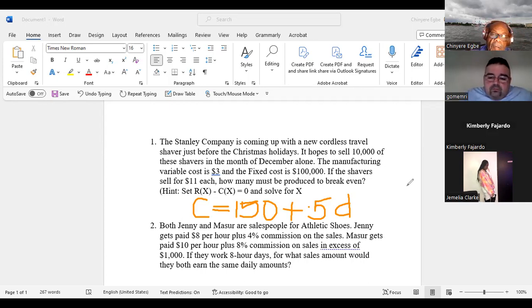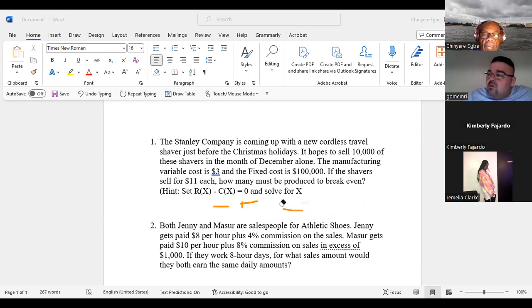So in this problem that we have here, your fixed cost is 100,000. Your variable cost is $3. So let's go here and set up that equation.